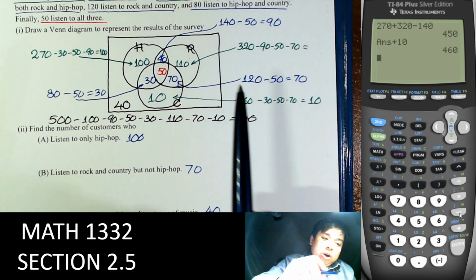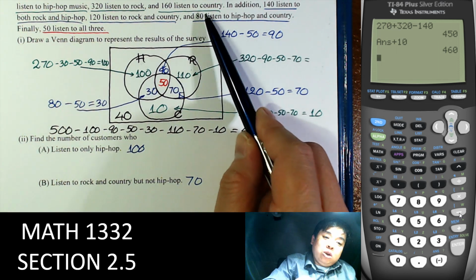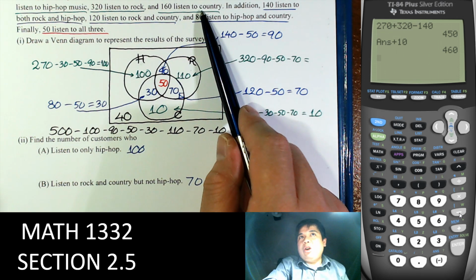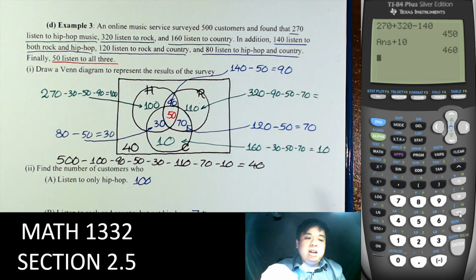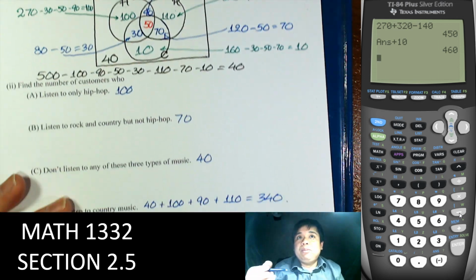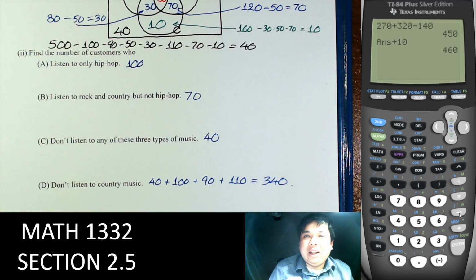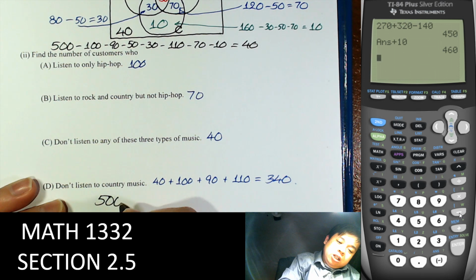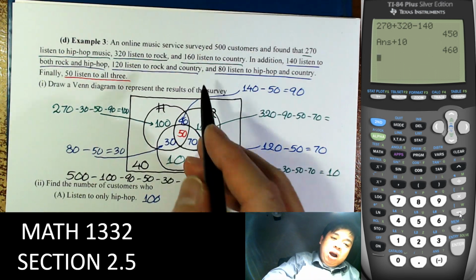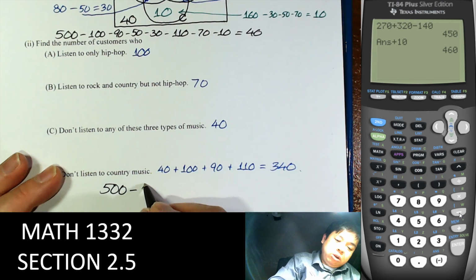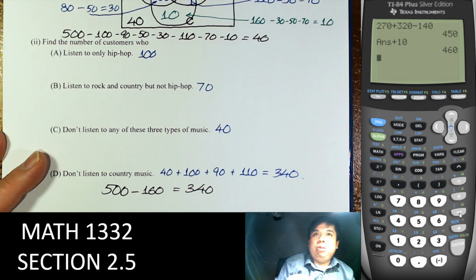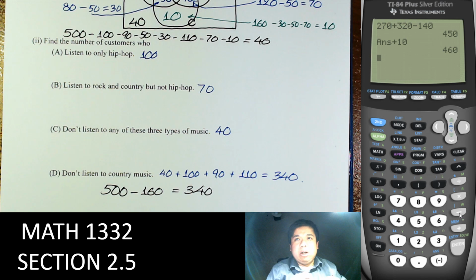We know that originally those that listen to country music is 160, and for those that don't listen to country music, we just take 160 and subtract it from 500. Of course, that's 340. So either we do this, or we take the 500 total surveyed minus the 160 that listen to country music. We have 340 that do not listen to country music. That's the complement rule.